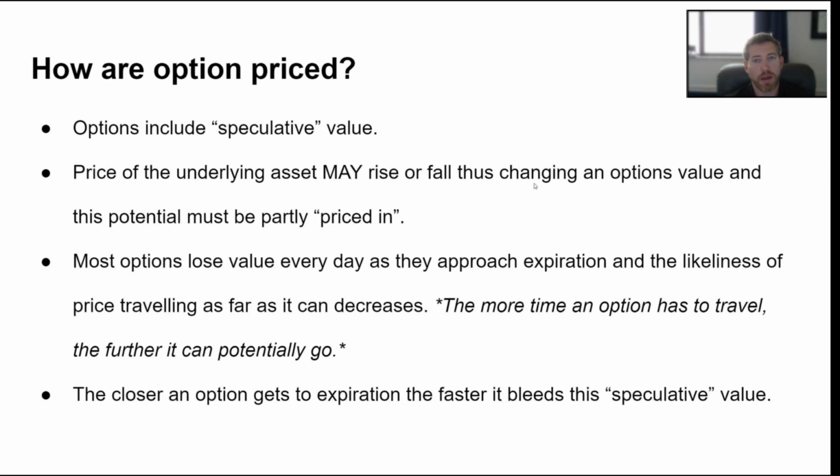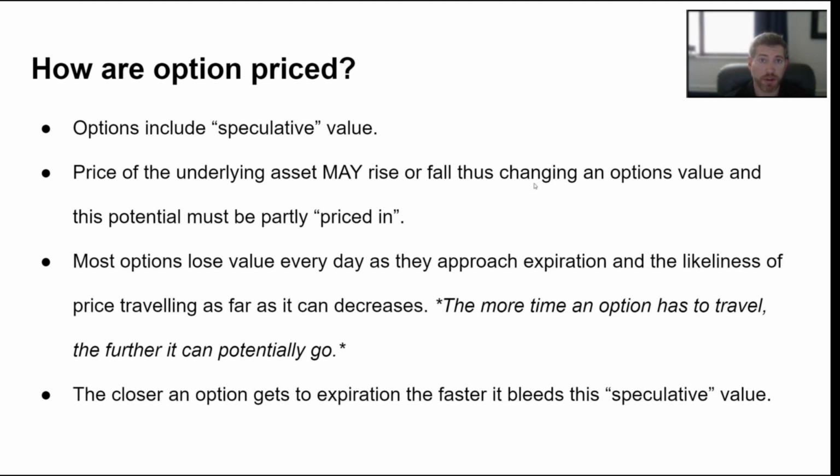So the more time an option has to travel, the further it can potentially go, right? If you're holding an option, right now price is $1 on the stock you're looking at, but you're holding an option for 3 years. Well, in 3 years, who knows how far that stock can go, right? But now you've traded that option in, and now you're holding an option that expires on Friday. What are the chances that that stock by Friday hits $100? Probably less, right?